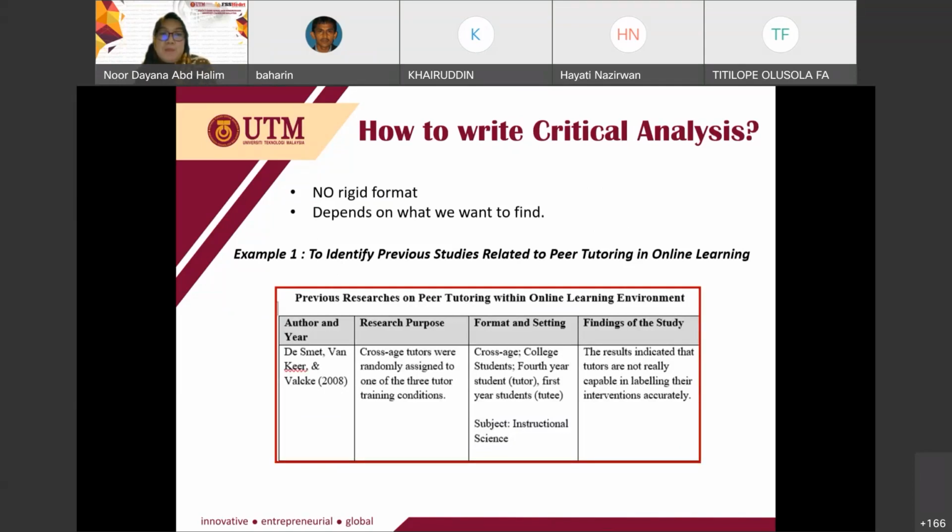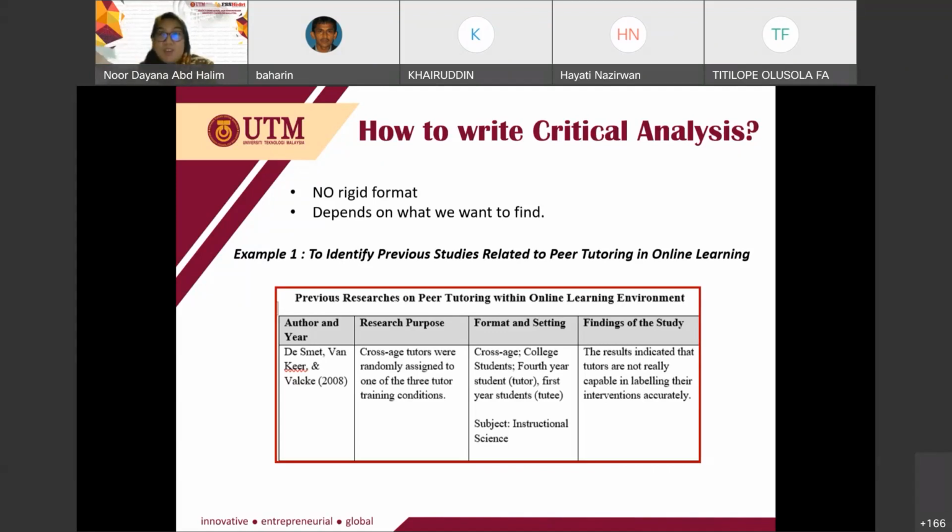Okay, for example, number 1, to identify previous studies related to peer tutoring in online learning. Again, I'm sorry because I'm in the edutech field, so my examples are all about edutech and all from my PhD students. This is from Dr. Nadwa, a lecturer from UPM now. She wants to study previous studies related to peer tutoring in online learning.